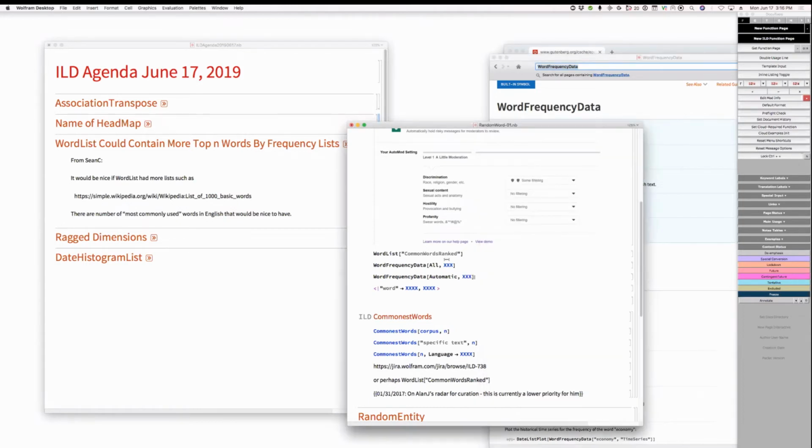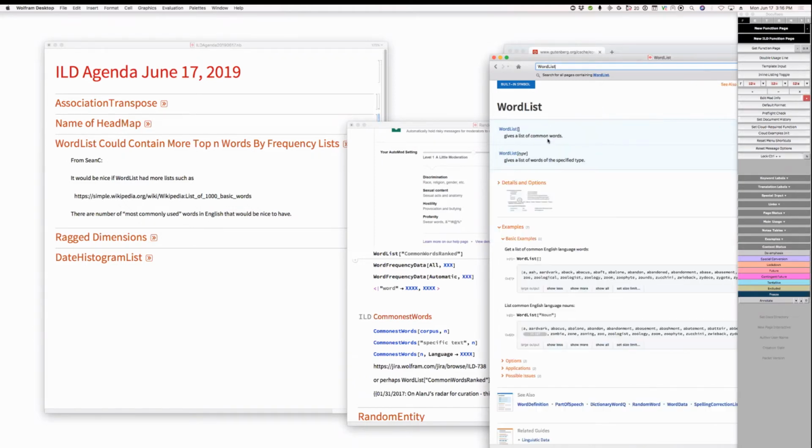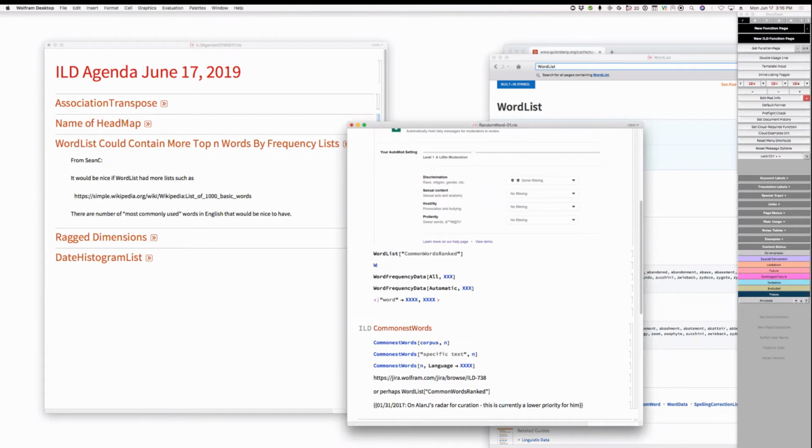Okay, but the issue is, what's the second argument of WordList? Ooh, it doesn't have one. Yeah, we just have the different types right now. Well, what about the possibility that WordList of n gives you the n commonest words?